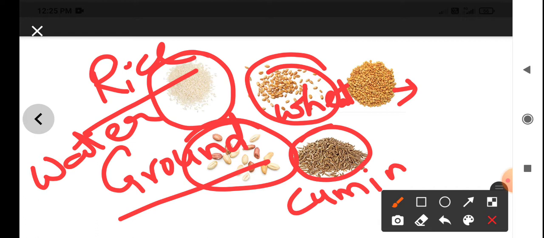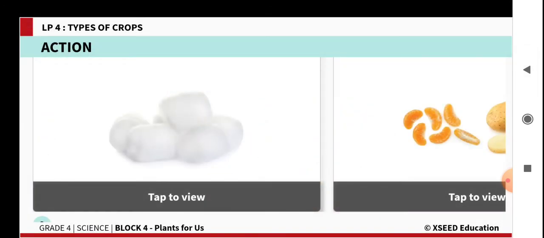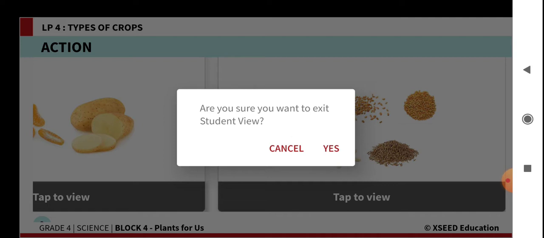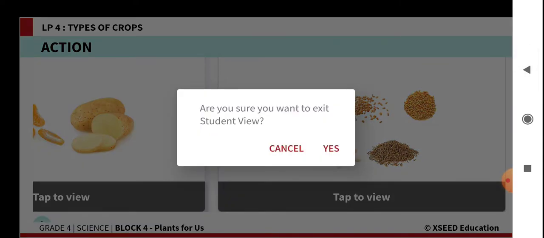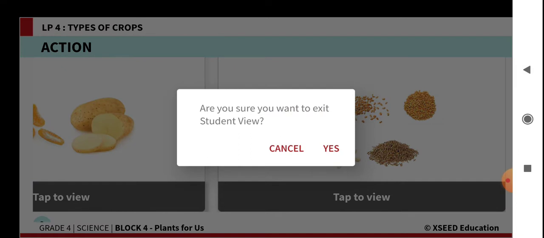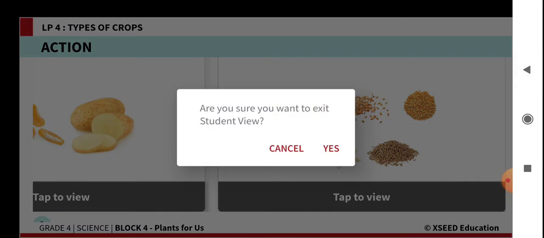So now in your activity, what you are going to do after observing all these charts, you need to divide them into different groups of crops.